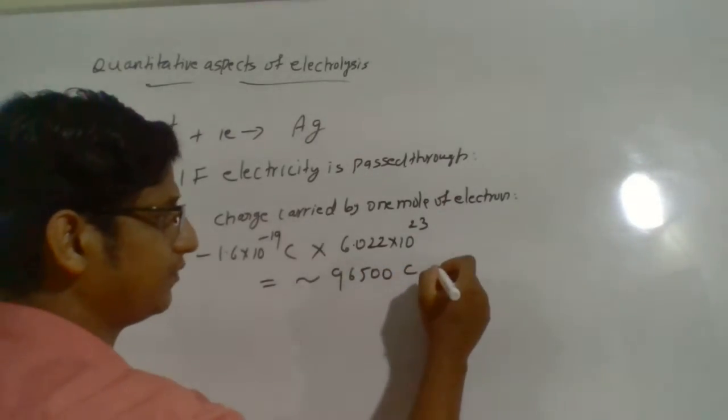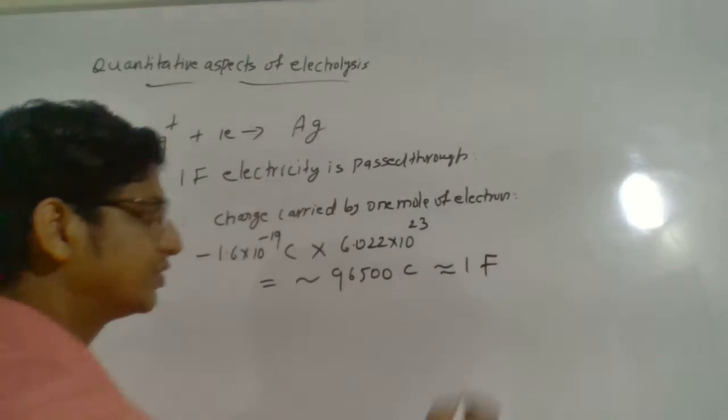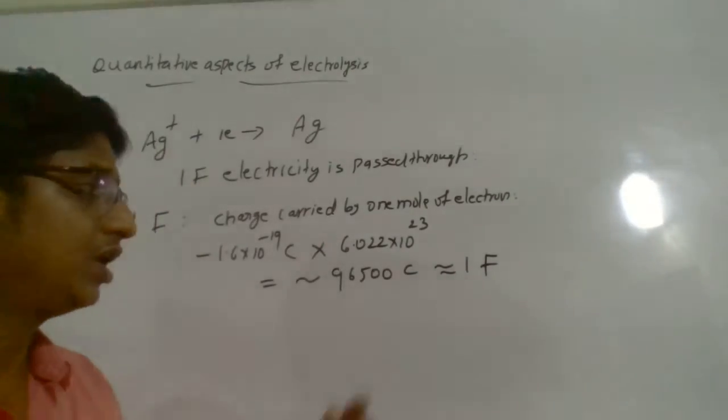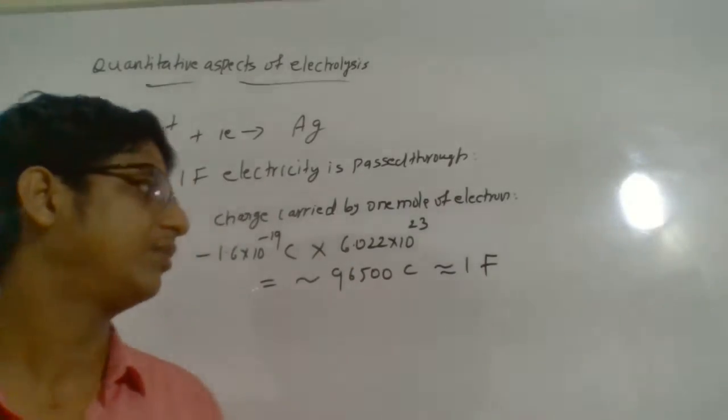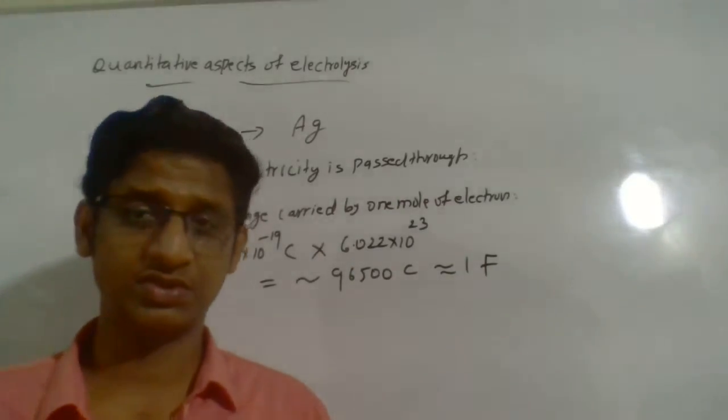This we equate to 1 farad. So 1 farad of electricity is almost equal to 96500 coulomb.